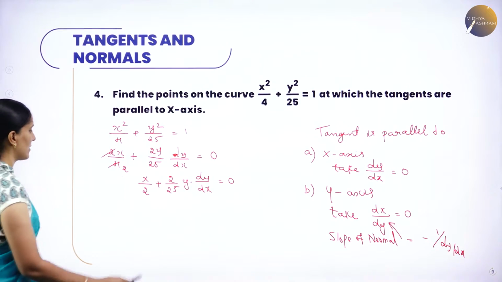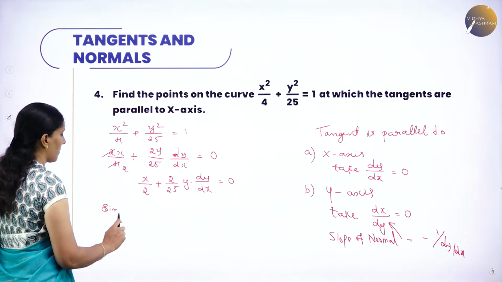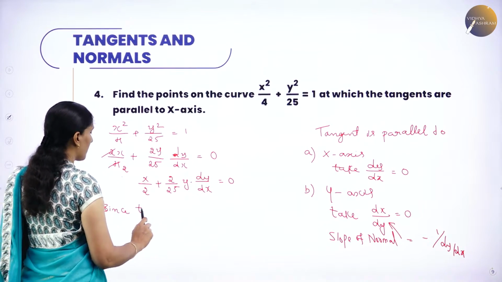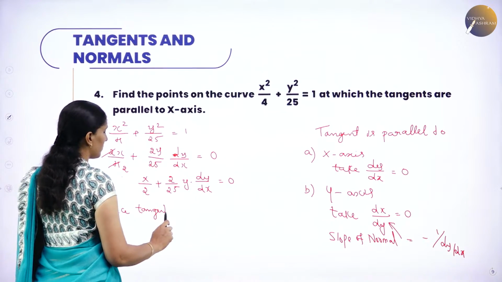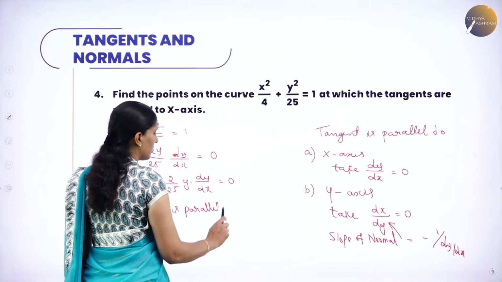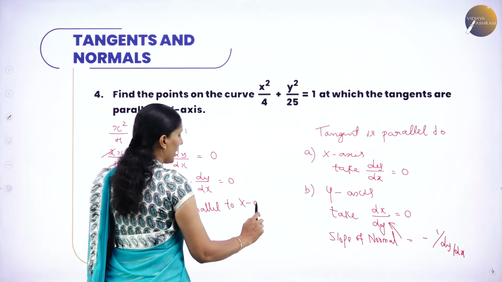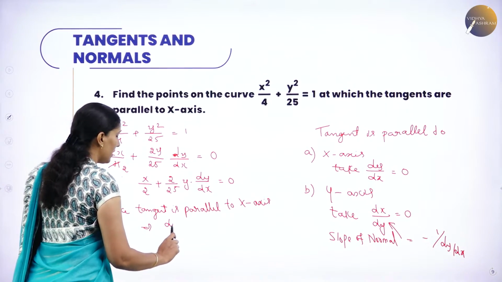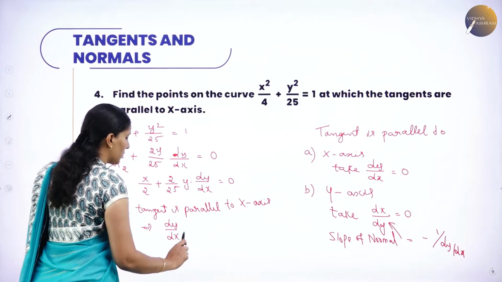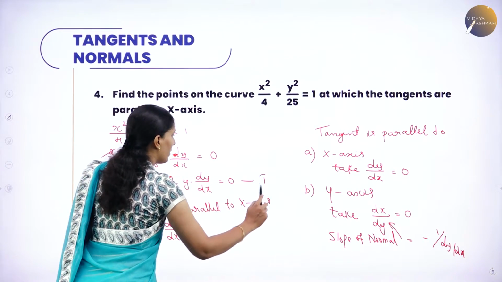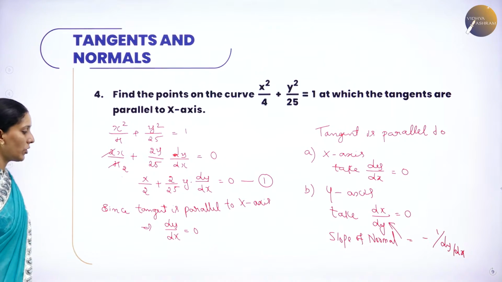Now since, what is given? Tangent is parallel to x-axis. This implies dy by dx is equal to 0. So substitute dy by dx is equal to 0 in equation 1. Let me take this as equation 1.